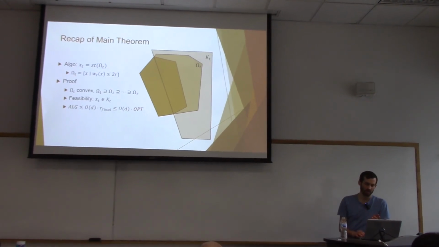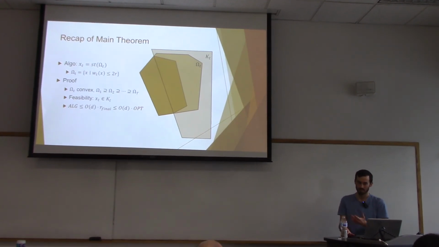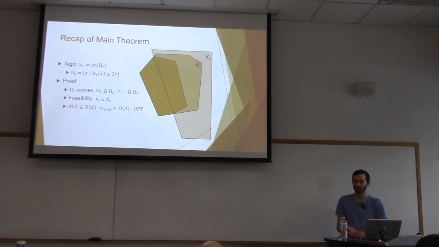One other thing I'll mention, since I think I'll have enough time, is that there's a cherry on top of this theorem, which is the other half of our paper, which is that you can actually implement this efficiently. But there's not really anything interesting going on there. You just randomly sample a bunch of points and compute the Steiner point in that way. And most of the technical work there is just figuring out how you compute the work function in some efficient manner.